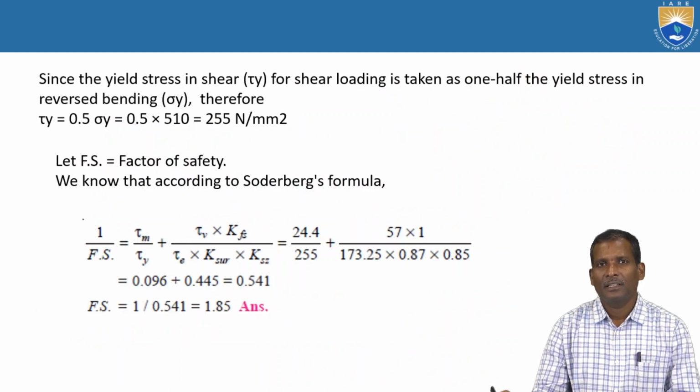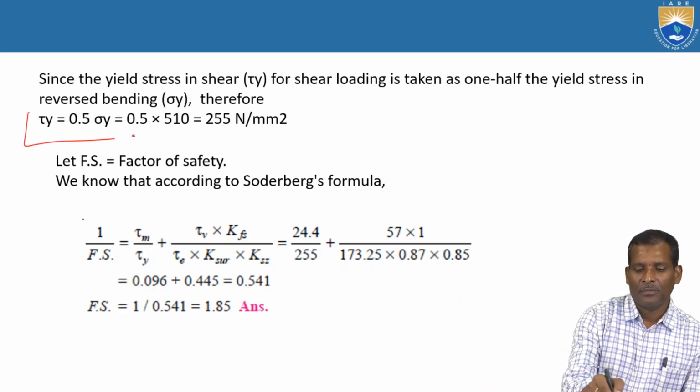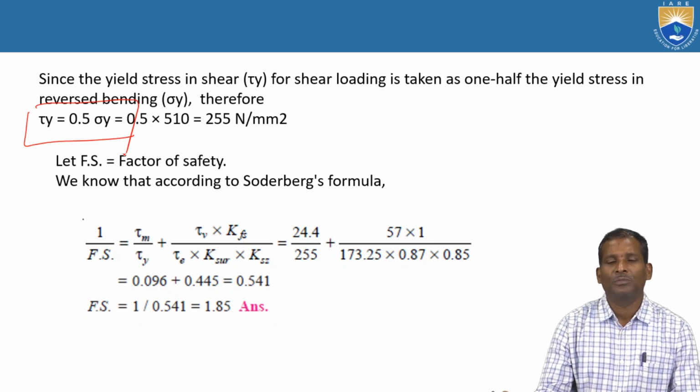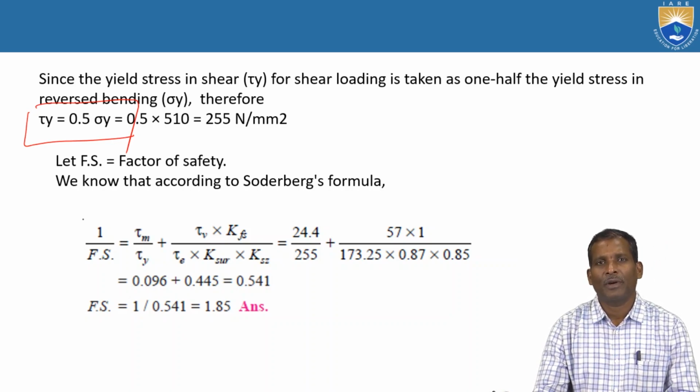And then the yield stress in shear for shear loading is taken as half of the yield stress in reversed bending load. So here tau y is equal to 0.5 times sigma y.